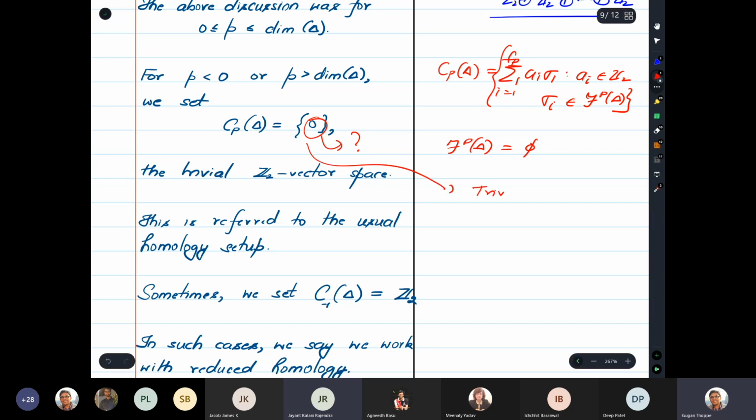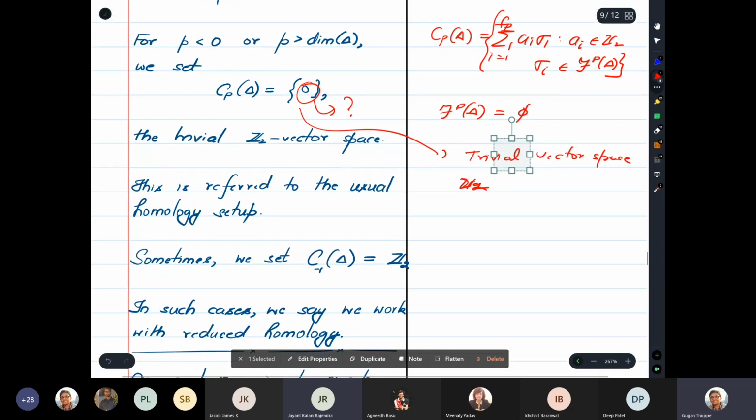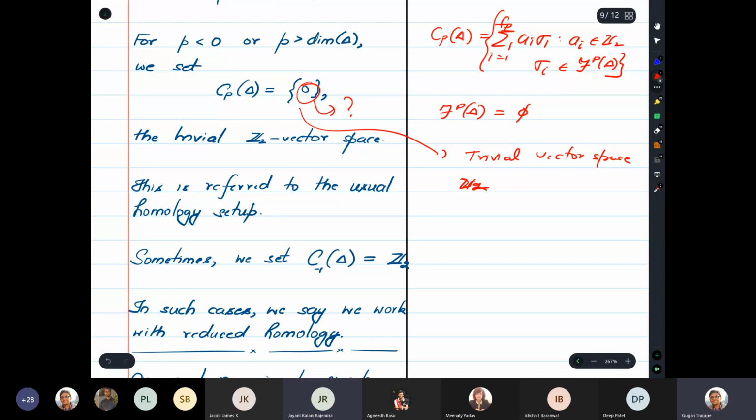And again you can ask, what is the field over here? Well, the field again is Z2. So let's just check if all the properties are true. Well, it has only one element, so we have to check if 0 plus 0 satisfies the desired property. I hope you agree that 0 plus 0 is 0, because we are interpreting the 0 as an identity element.